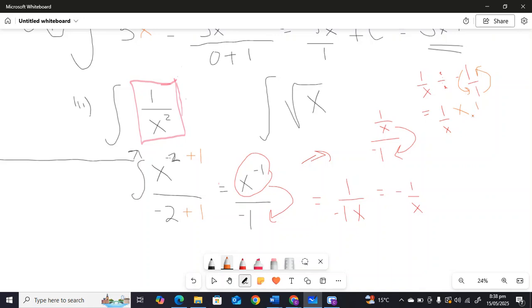You can put 1 over negative 1, 1 over negative 1x. You multiply x times negative 1, that is negative 1x. Are we okay with this, colleagues?